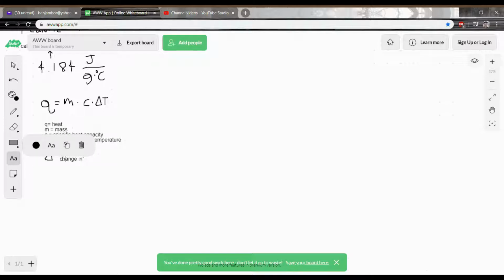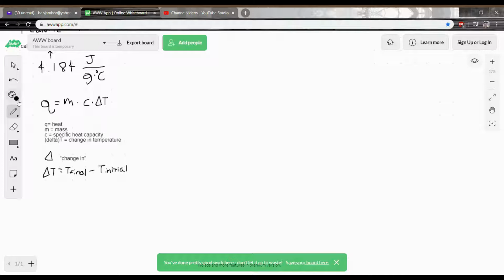It's a Greek symbol, and in this case, delta T is going to equal the final temperature of an object minus the initial temperature of an object. This is how we can measure change. And now that we have these equations, we are ready to do example 13.1.